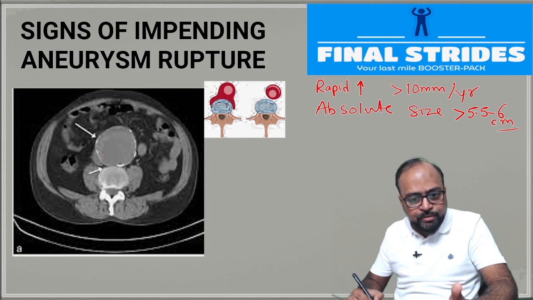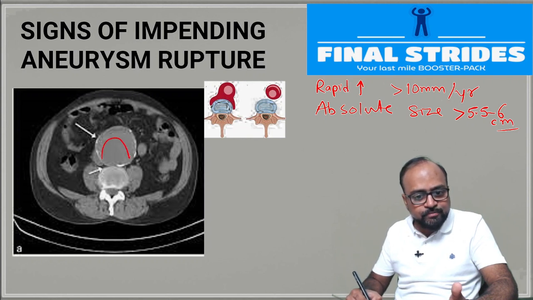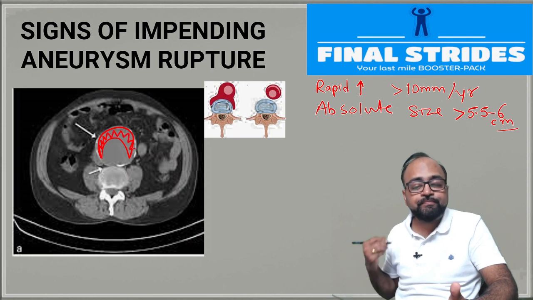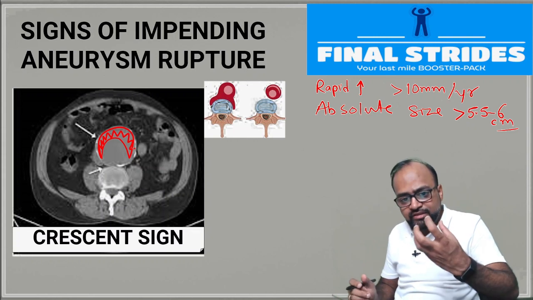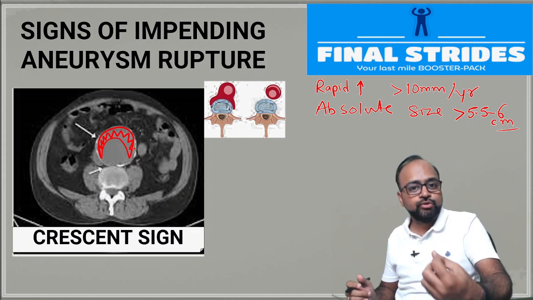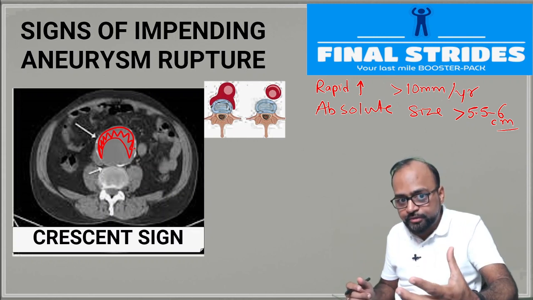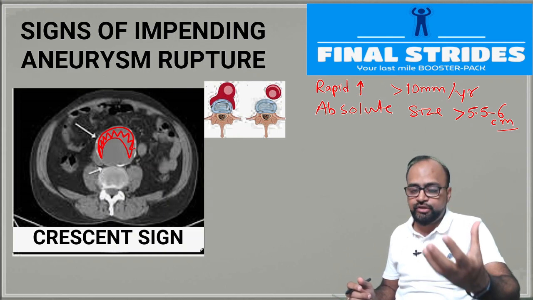If you see a hyperattenuating crescent, a slightly bright appearing crescent in the wall of the aneurysm, then this is what is called the crescent sign. It suggests that the blood is actually insinuating into the vascular wall and it may rupture any moment, right? So this crescent sign is a sign of impending rupture.